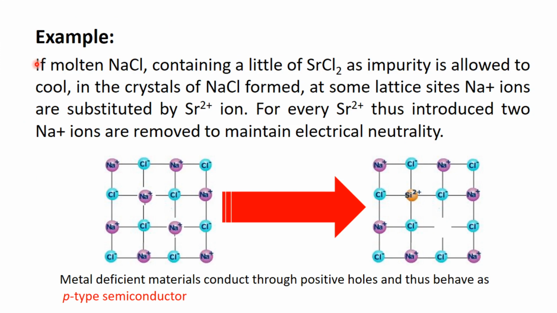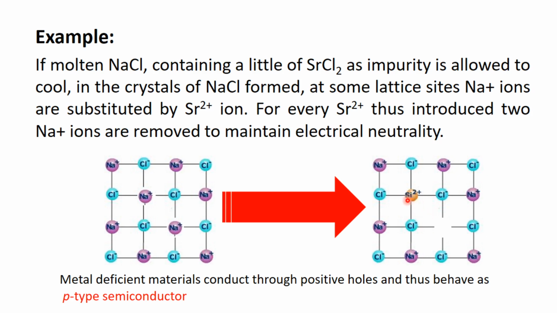Example of this type of defect: if molten NaCl containing a little strontium dichloride as impurity is allowed to cool, at some lattice sites Na plus ions are substituted by strontium plus 2 ions.